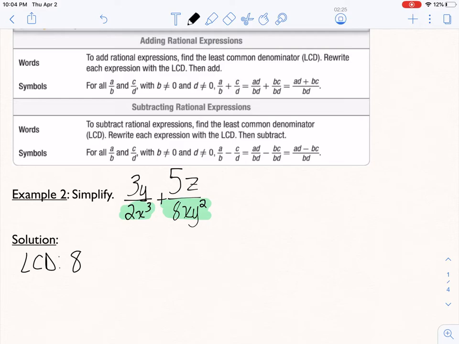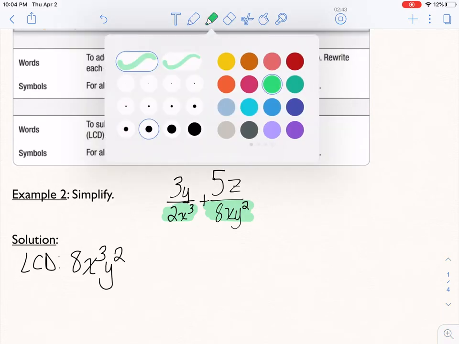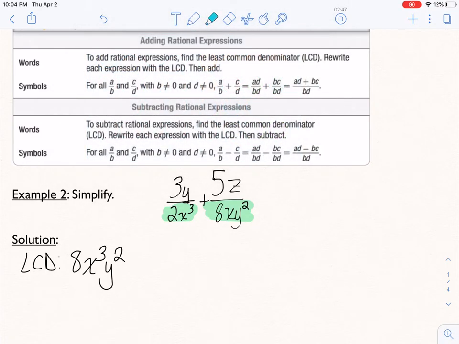Variables: I have x to the third on the left and just x on the right, so I have to include the greatest amount, so that'd be x to the third, and I have a y squared on the right. So now we're going to figure out what this denominator is missing to be the exact same as my LCD of 8x to the third y squared.